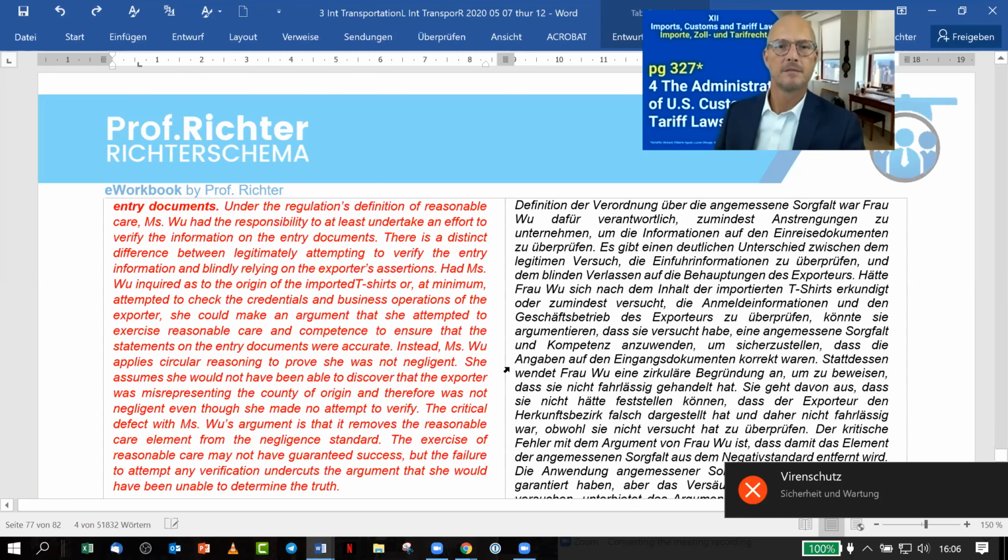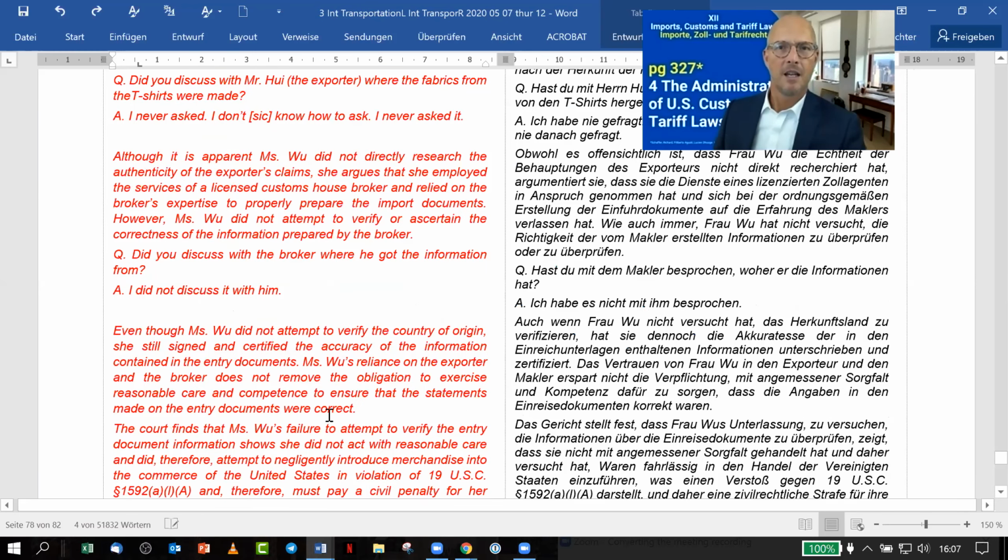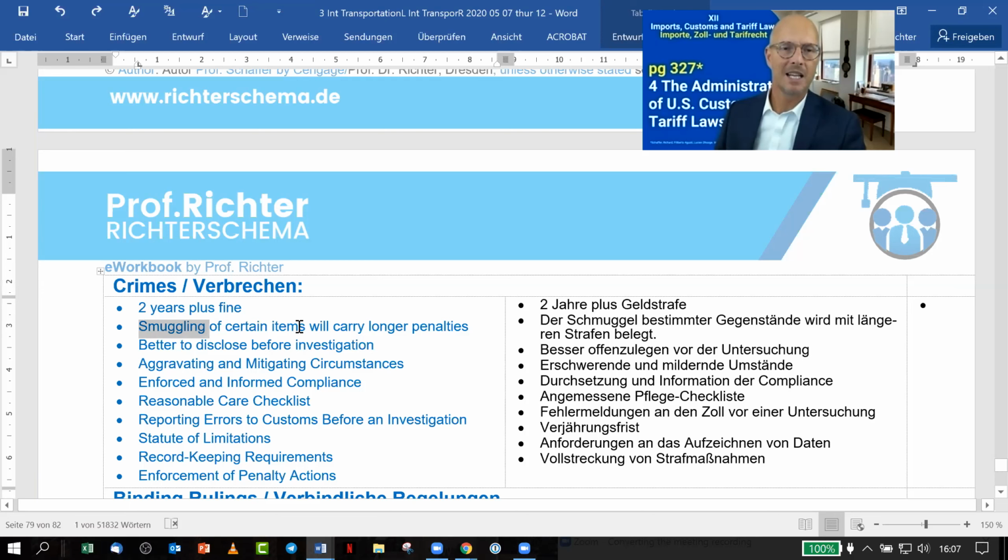Good. So this is about the enforcement and the penalties. If you are really committing a crime, then you could face 2 years plus a fine. And we call this also smuggling. So smuggling, for example, of certain items, carries longer penalties.